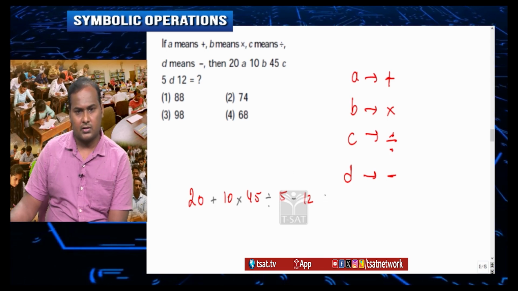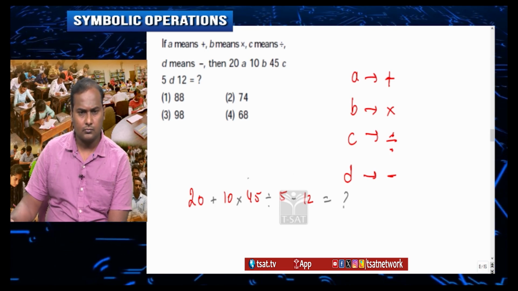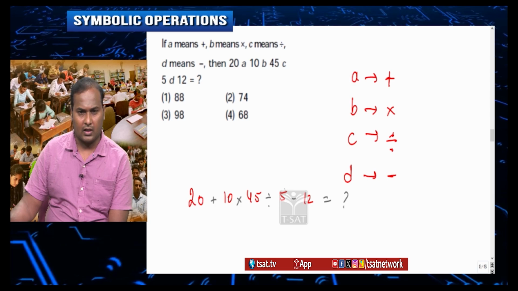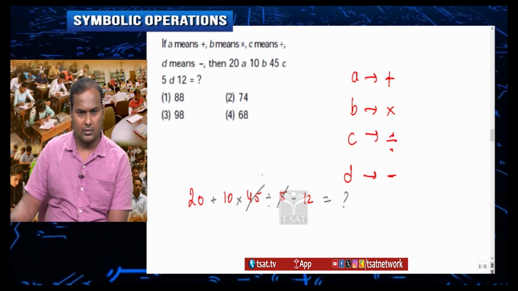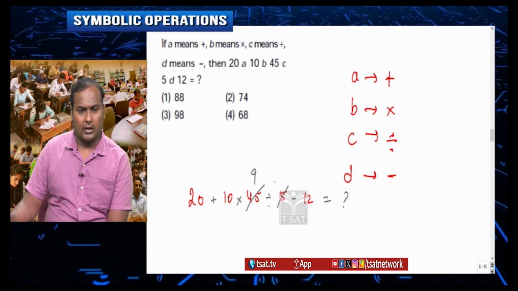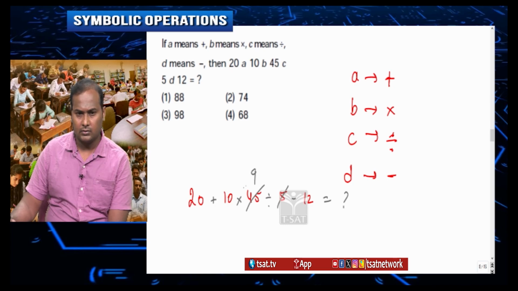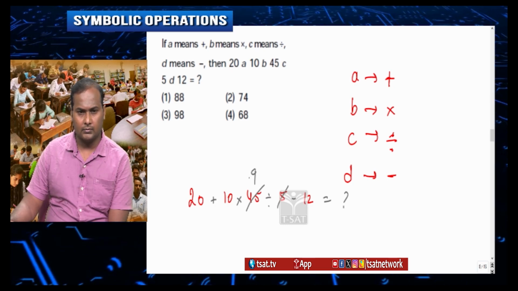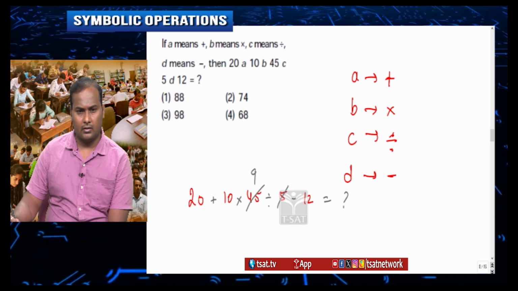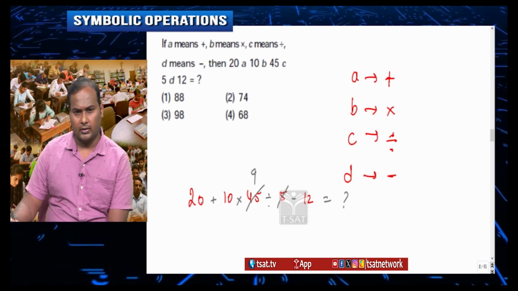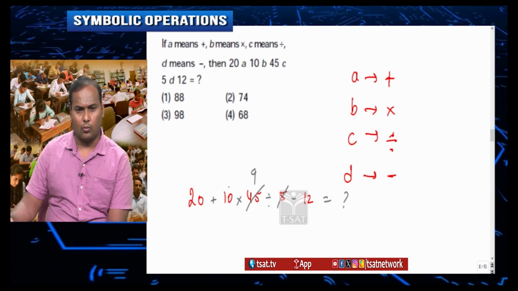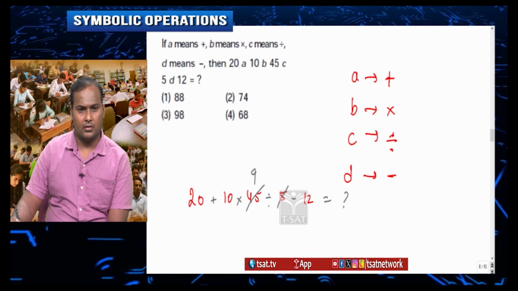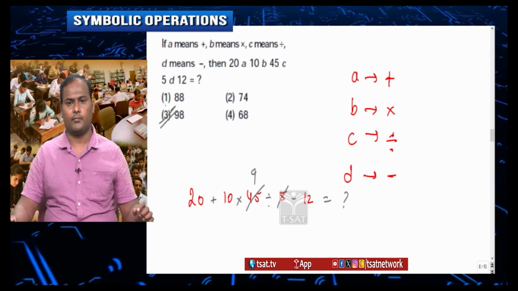Now you need to find what it is equal to. When you perform the calculations, 5 nines are 45. Then 10 nines are 90. So 90 plus 20 is 110, and 110 minus 12 is 98. So your answer is 98.